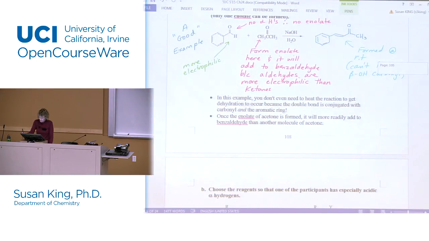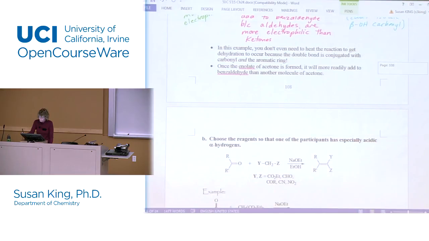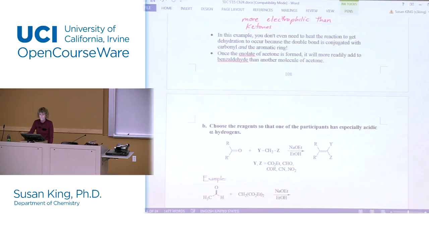The other thing is maybe you have two compounds that can form enolates, but one of them is so much more acidic. So all that acidity, we learned about the relative acidity of carbonyls in chapter 23, that comes into play here. So here we have an active methylene compound.